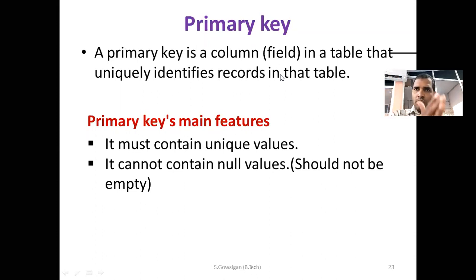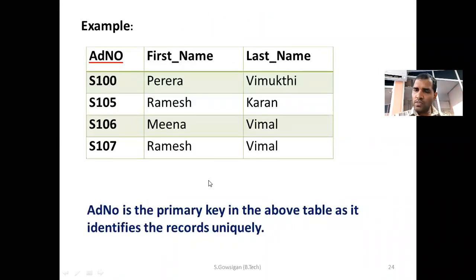Whenever you want to set a primary key, you have to consider 2 important things. The fields which satisfy those 2 things can be primary key. What is the first one? The one I discussed earlier: it must contain unique values, which means the field cannot have duplicate values, so data cannot be repeated. Look here.